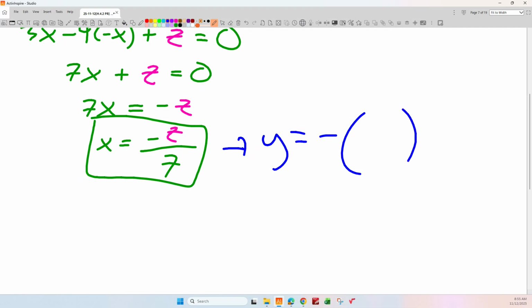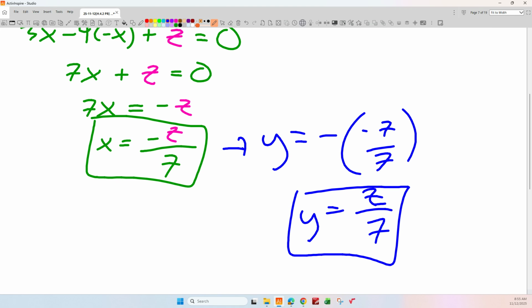Well, what's x? Negative z over 7. So y equals z over 7. So now I know the value of x in terms of z. I know the value of y in terms of z. And z is just a variable whose value we're going to randomly select.